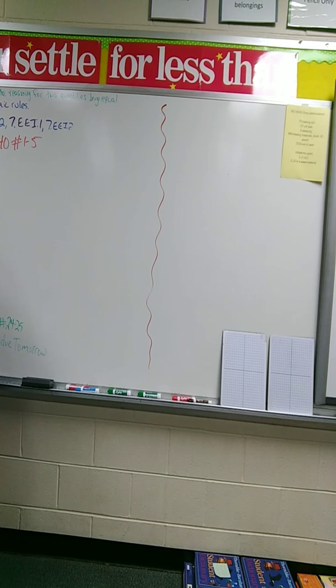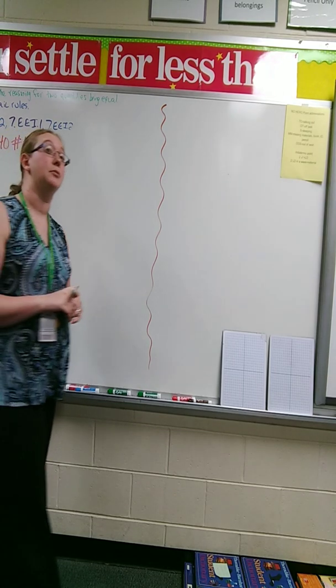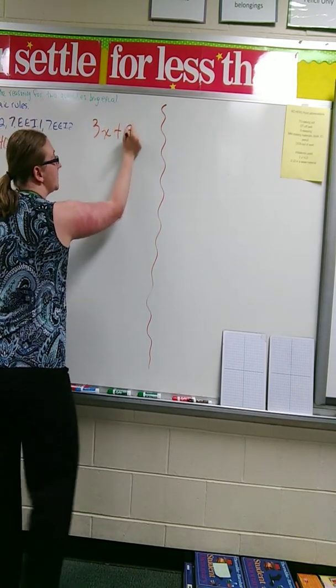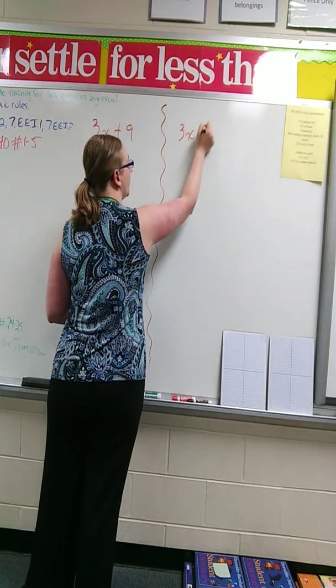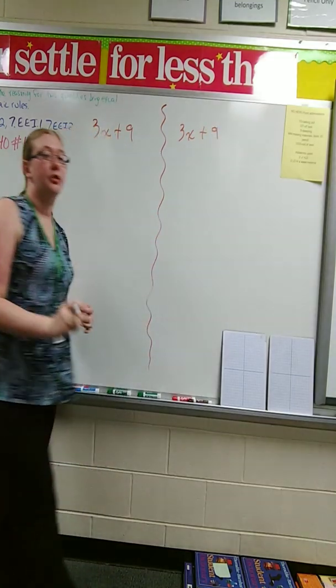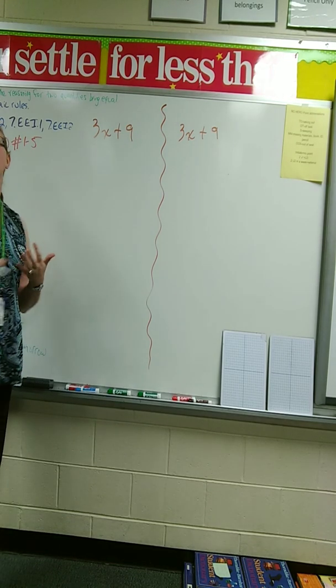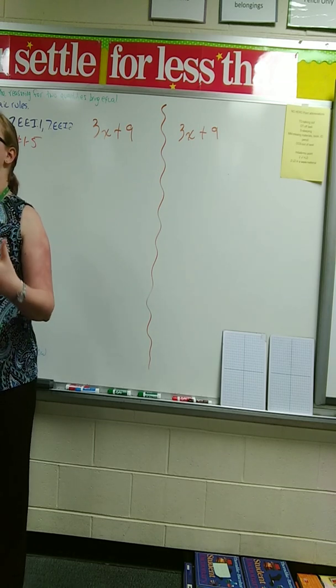If we start with example 2 on page 317, we have 3x plus 9. The way that they show you in your book and the way that most of us would solve this says that we list out our factors of each term.